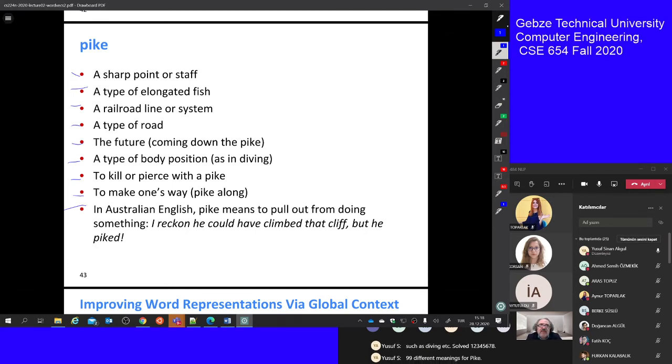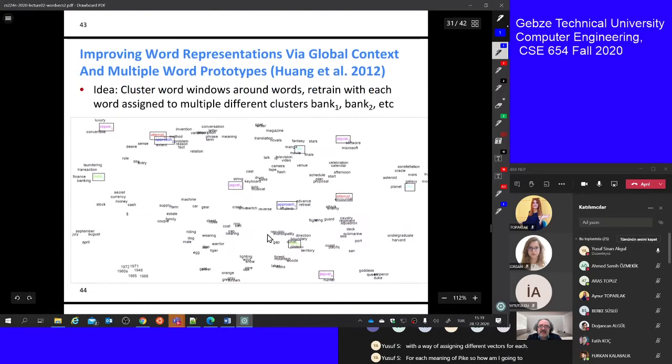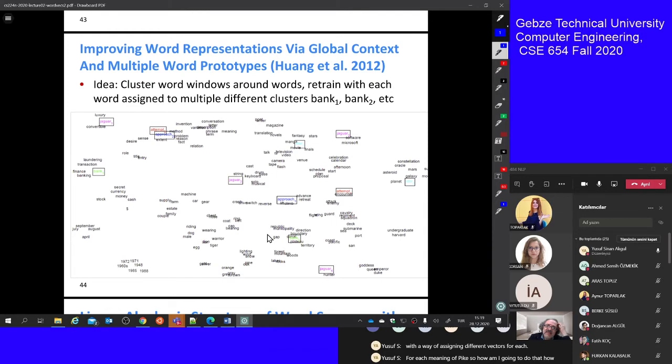Yet if I use pike in a standard word2vec, I am going to assign a single vector to it, right? And that will mess up my analogy calculations, and that will mess up my human similarity calculations. So I need to come up with a way of assigning different vectors for each meaning of pike. So how am I going to do that? The idea is this.